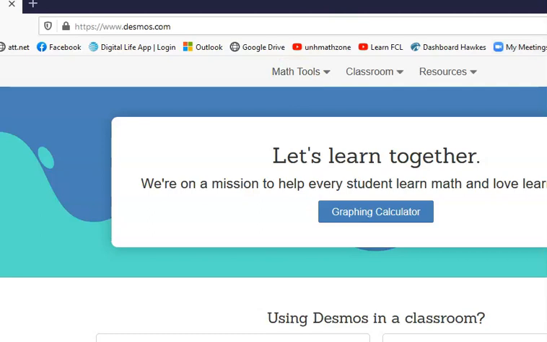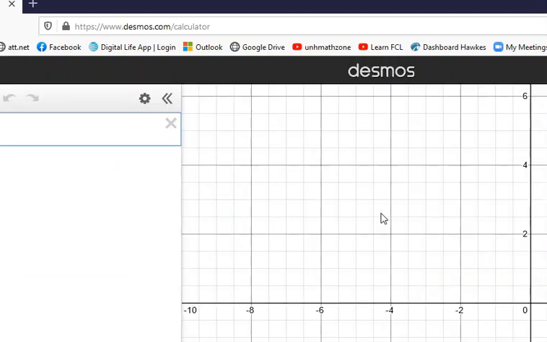But for others that don't, here is a free graphing site online. So if you go to the address bar and type in Desmos.com, click on that, and then this comes up. And it's free, as I mentioned. You click on Graphing Calculator. And I'm only showing part of the screen here.